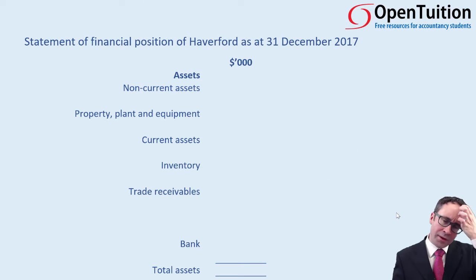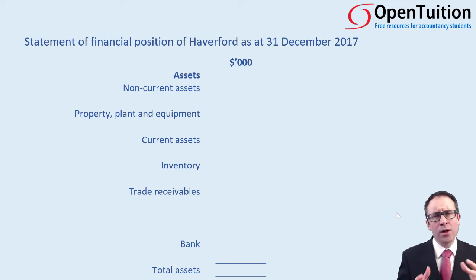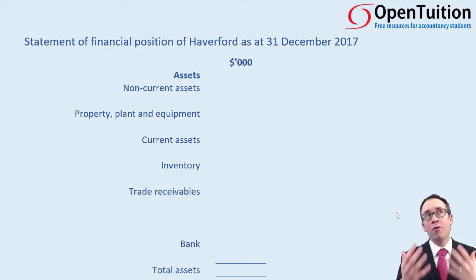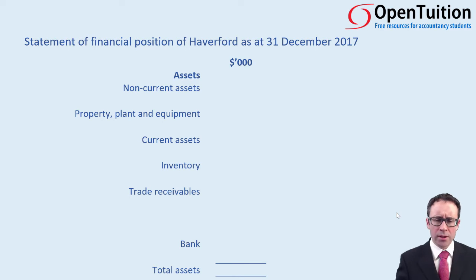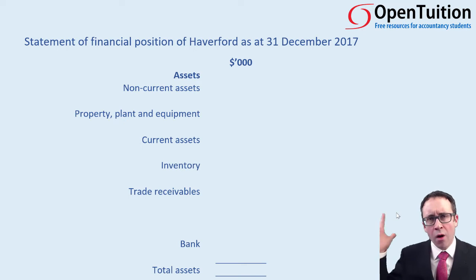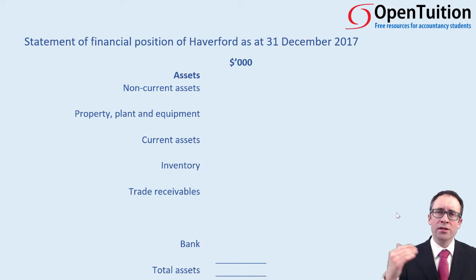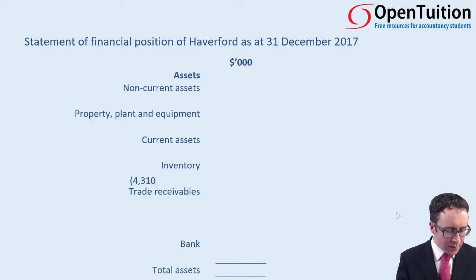And then thinking about drawing up my statement of financial position, again using the figures in the TB. Remember, when you write something, leave a bit of space in between because you never know what's going to appear afterwards. So here I've got my assets. You should know how the assets look in terms of non-current and current. My inventory figure that I've got is 4310. I'm not putting that in directly because it's got a bracket in the question. It says note 5.